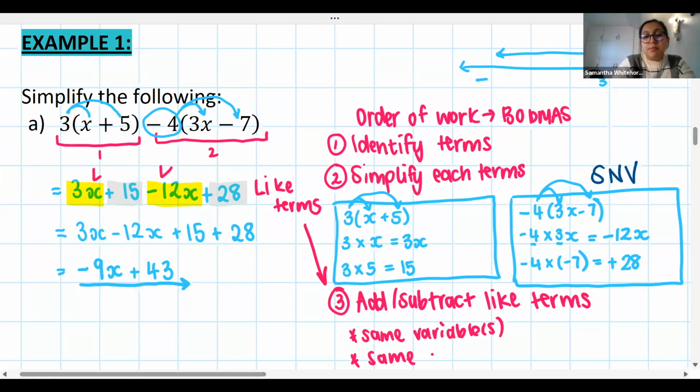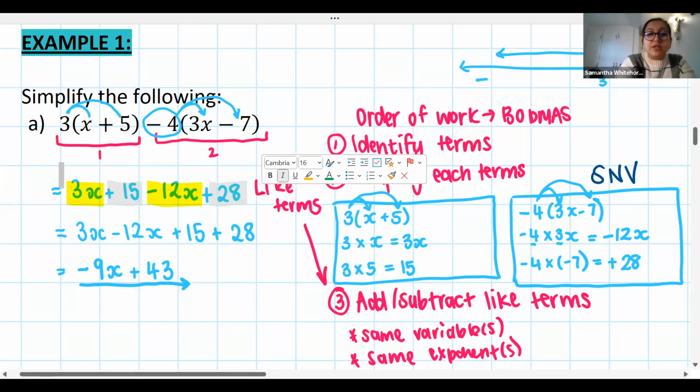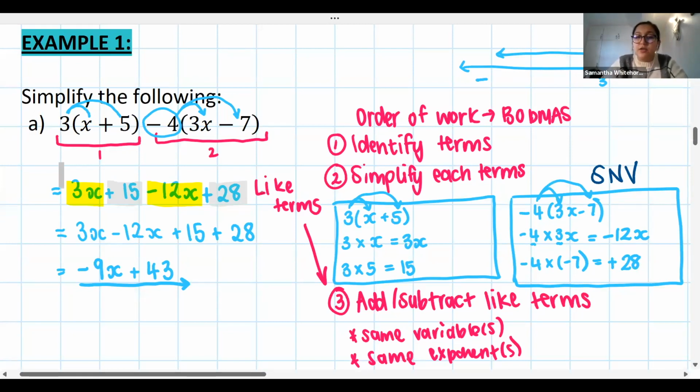And now because both of those terms have an x in them, I can add them together. And the ones I've highlighted in gray, those are terms without a variable. So they're definitely not the same. One has an x, one doesn't. So I can't just add together things that are not like terms. I have to only add like terms.